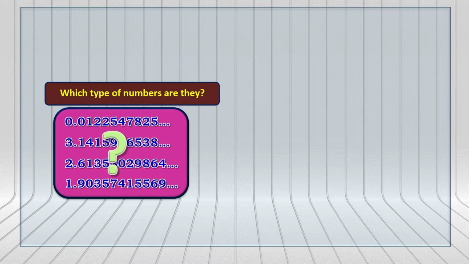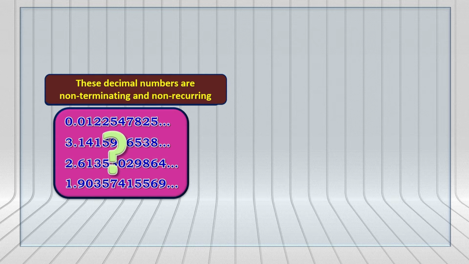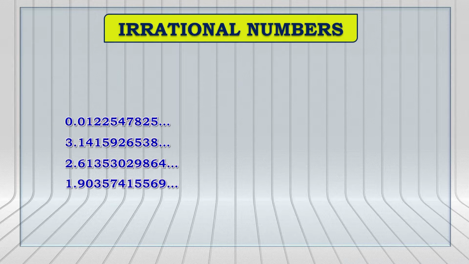Now, a few more examples. Which type of numbers are there? We have already seen that some numbers are not rational numbers. Those decimal numbers that are non-terminating and non-recurring are called irrational numbers.